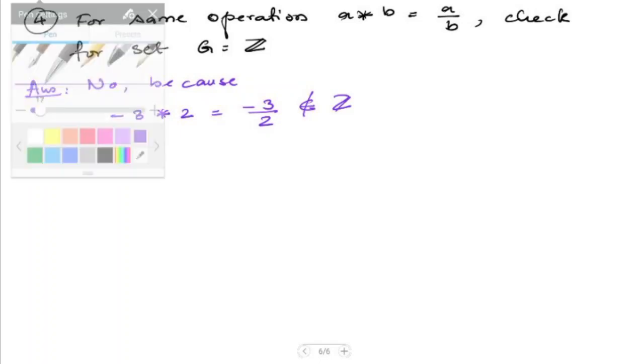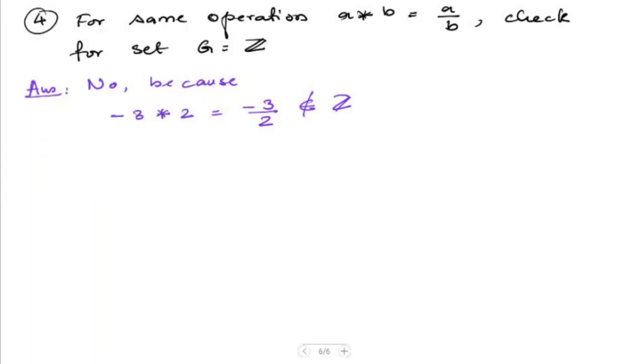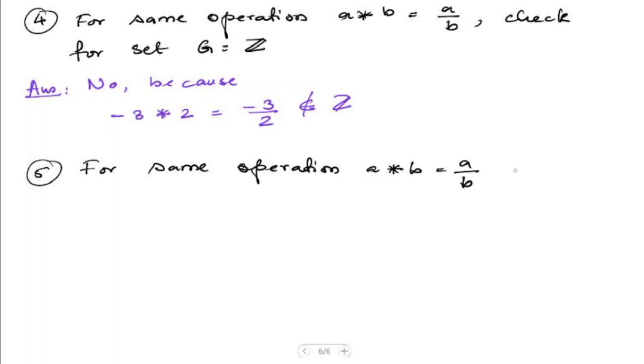We can go ahead and do more examples now. So I hope it's becoming clearer with more examples. So for example 5, for the same operation again, a star b is equal to a divided by b.